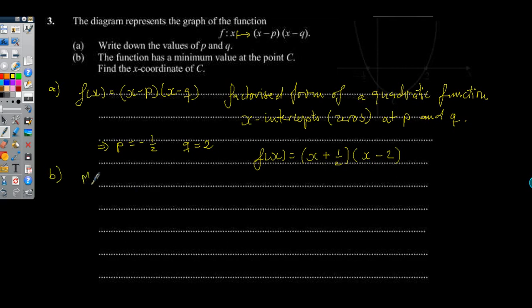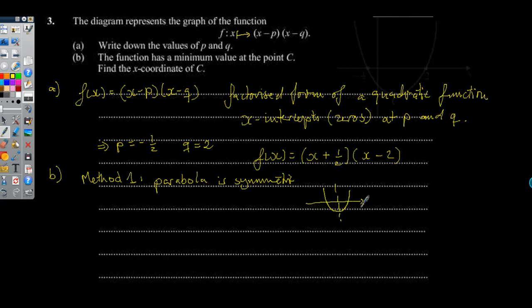Let's look at two different methods. I'll write method 1. We need to find the minimum value. We need to find where the vertex is. So method 1 is rather graphical. We know that the parabola is symmetric. Okay, so if I have a parabola curve like this, I know that it's got an axis of symmetry.